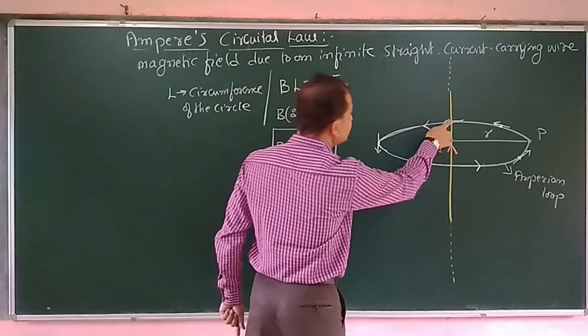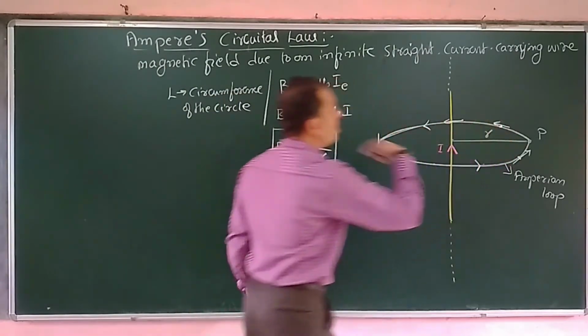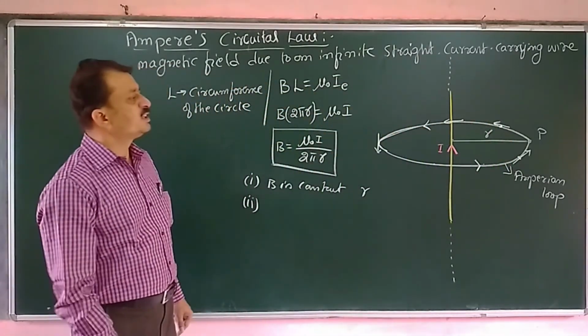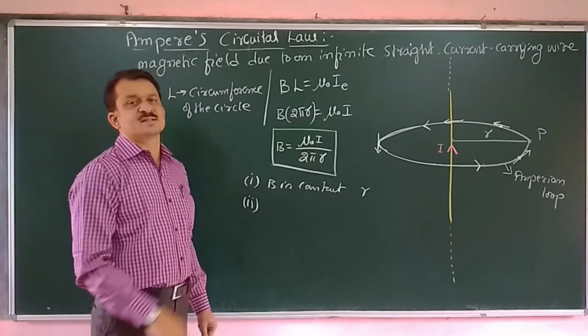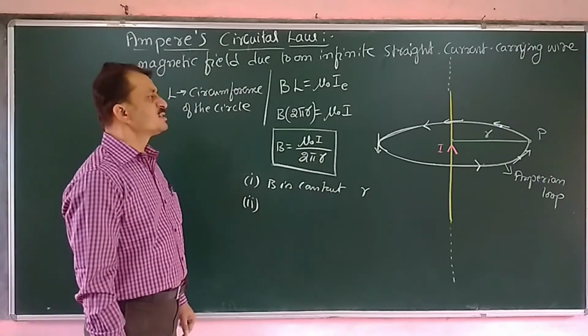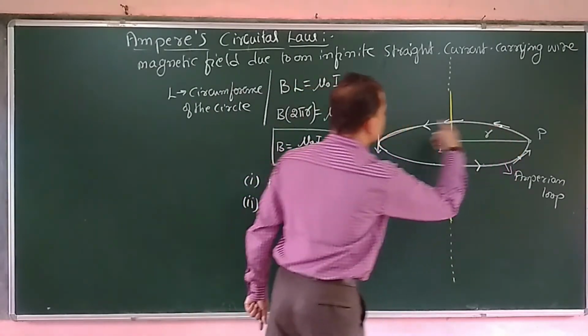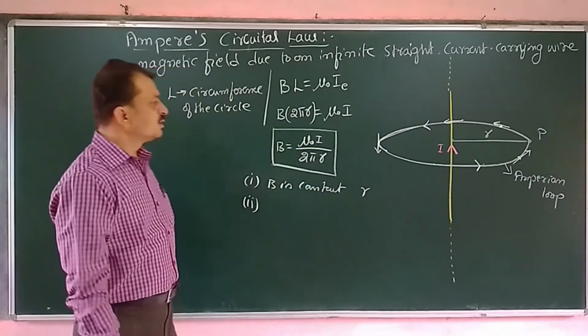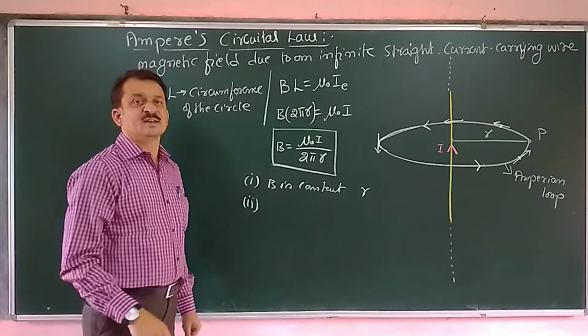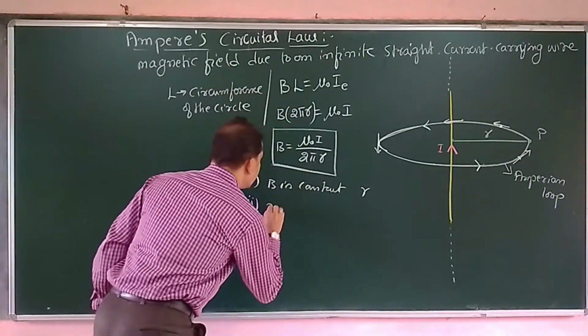Now these tangentials form concentric circles, and therefore this imaginary loop, what you have taken, represents magnetic field lines.